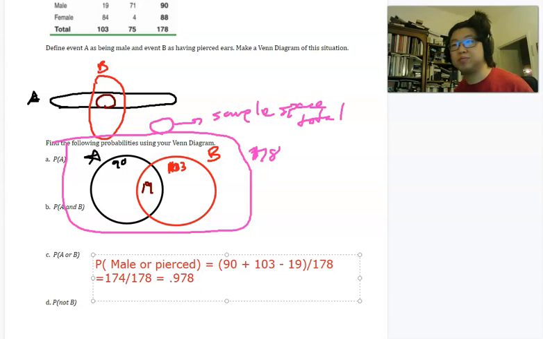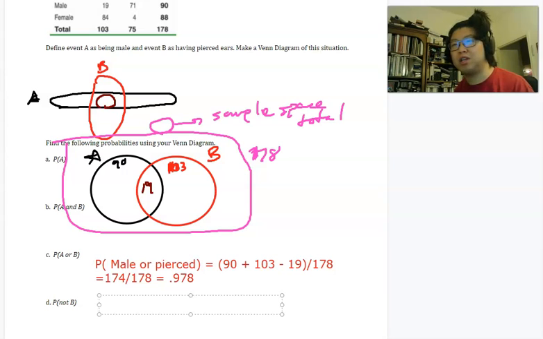You should automatically know, based on just the 90 and 103, that that number doesn't work in our definition of probability, so there's got to be a little more to it. We're using the right formula, but you need to subtract the overlap.